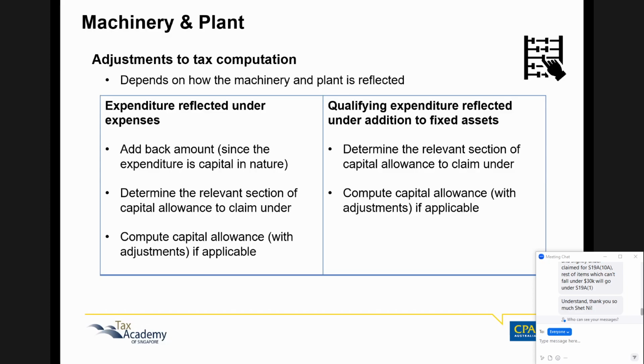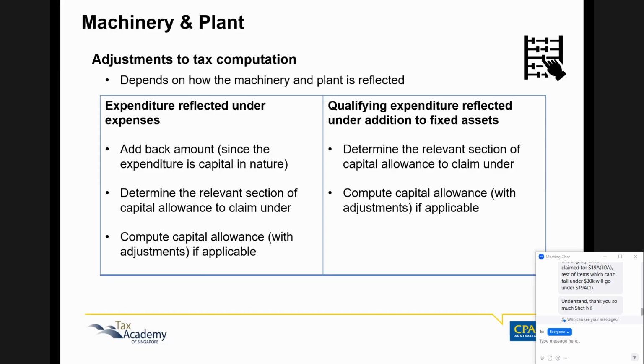Some companies, for example, bought a fixed asset but reflect it as an expense in the P&L. By right, they should reflect it under the balance sheet. But anyway, we don't care. We just look at what is the correct tax treatment to do. So if it's a capital expenditure, it's definitely not deductible. We have to add back.